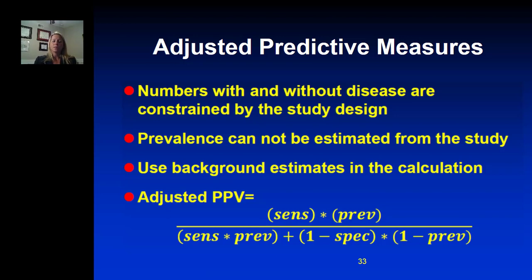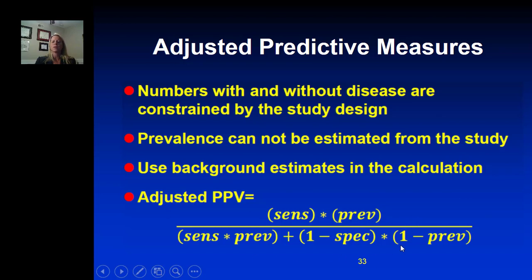So what we do in scenarios where prevalence cannot be estimated from a study, or if we're dealing with data that is constrained by sample sizes such that we don't believe the prevalence that we're generating from that sample, we calculate what's called an adjusted predictive value. And what we're doing is we're using background estimates of prevalence to calculate our adjusted positive and negative predictive values. And the equations are shown here.